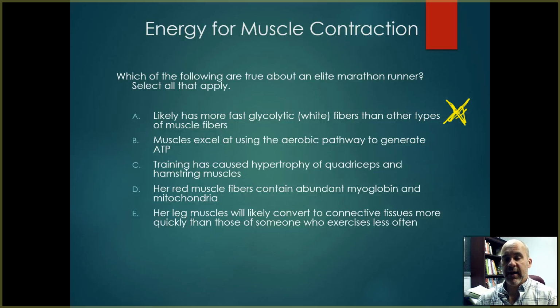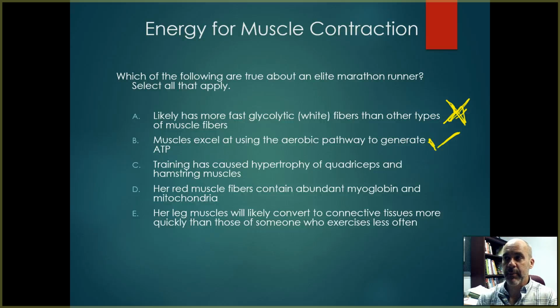And the reason they're white is because they lack myoglobin and they don't have as much of a good blood supply, which means they don't have as much oxygen gas available, so they can't do aerobic cellular respiration as much. B, muscles excel at using the aerobic pathway to generate ATP. Yes, endurance, think aerobic pathway for making ATP.